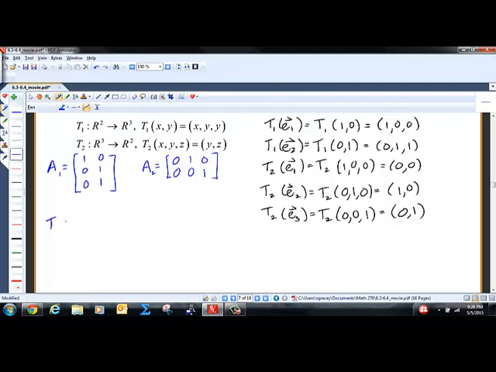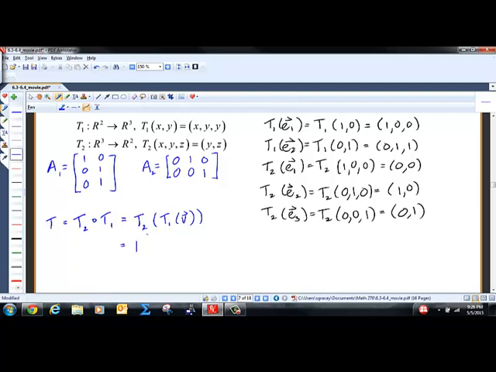So T is equal to, if we do the first one, T2 composed with T1, that's going to be T2 evaluated at T1 of V. But what do we know?